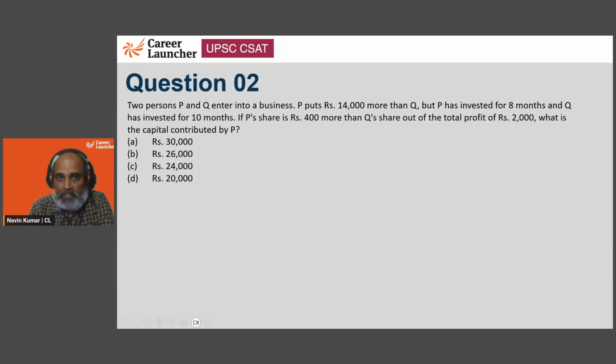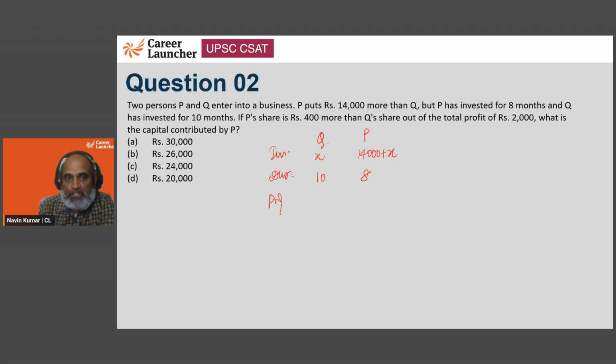Two ways to solve it. We can start with the problem or we can start with the options. So if Q has put in X amount, P is going to put 14,000 plus X amount. So this is the investment. The duration for which they invested was P invested for 8 months while Q invested for 10 months.